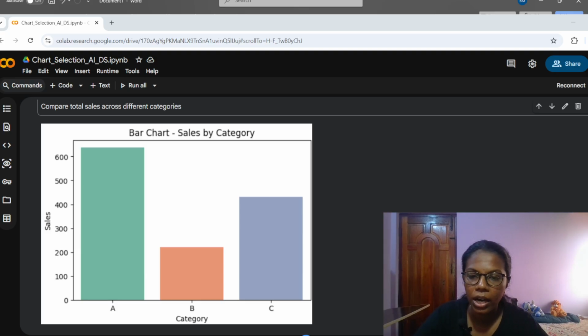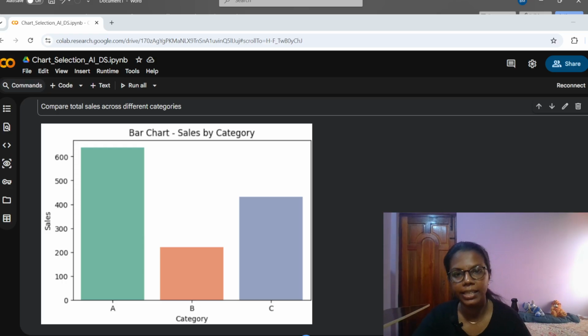Generally, the order of categories does not represent time. They are categories, and the x-axis is used for representing the categories here. Specifically, whenever I want to compare sales by product category, or see the number of users per region, or see the count of samples per class in a data set, what chart should I use?